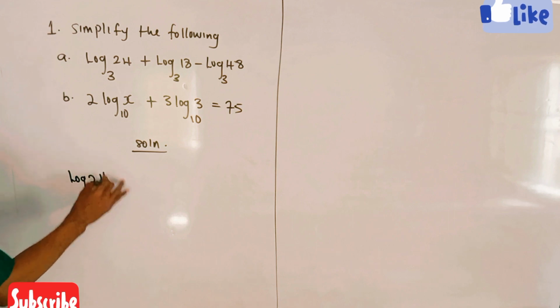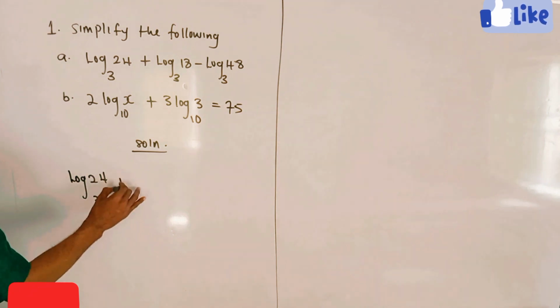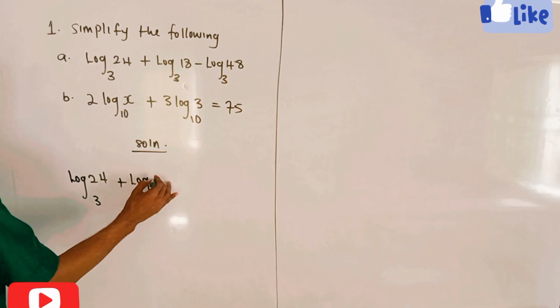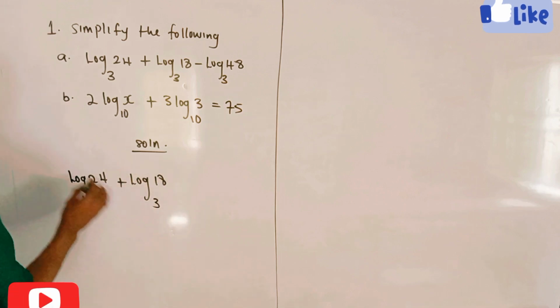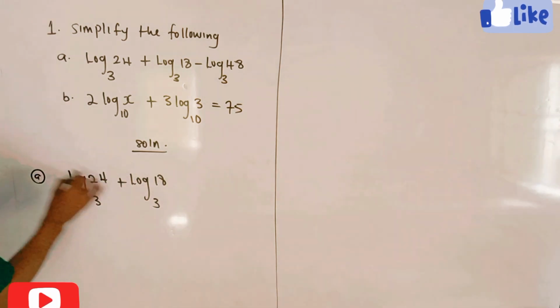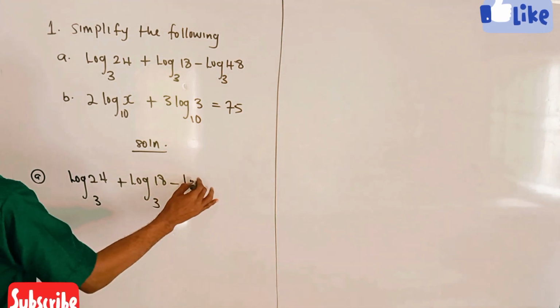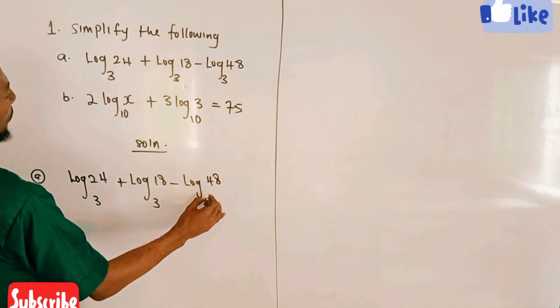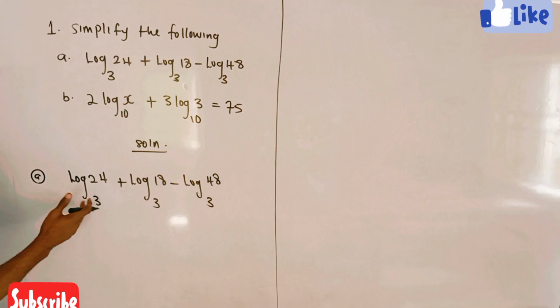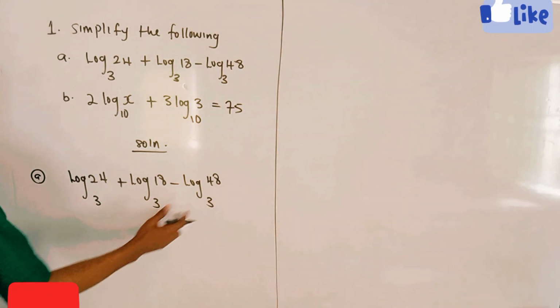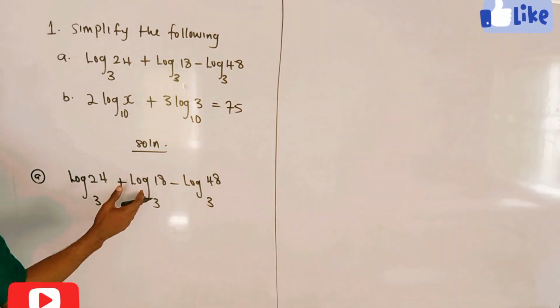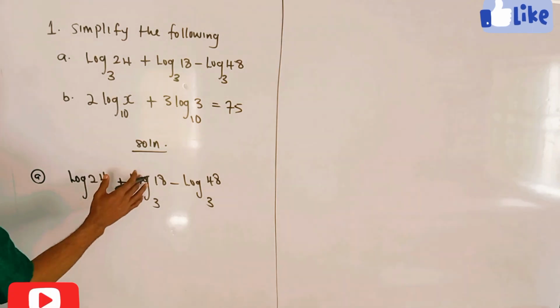the log of 24 to base 3 plus the log of 18 to base 3, that's solution A, minus the log of 48 to base 3. All the terms have the same base, so we simply take one of the bases, a log to base 3.